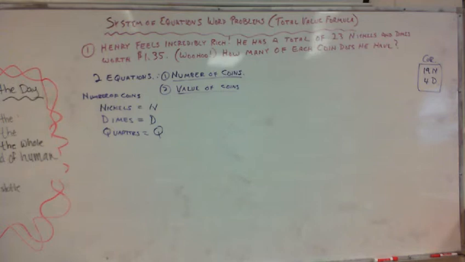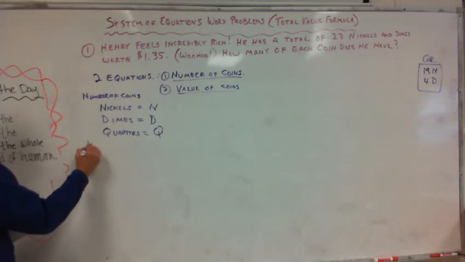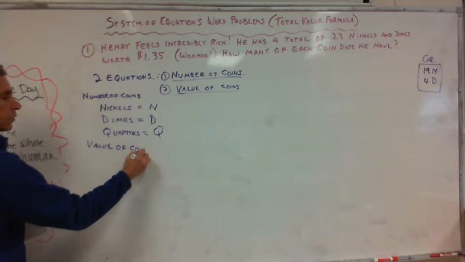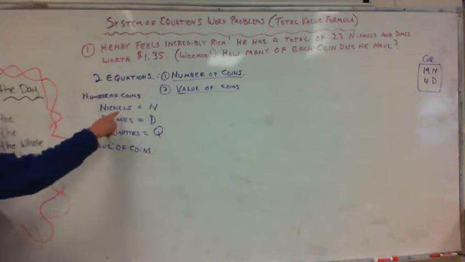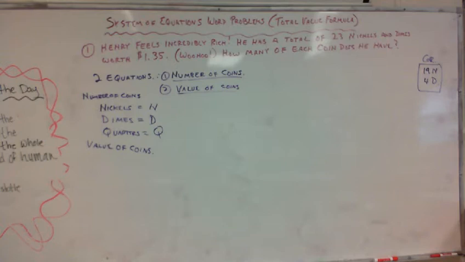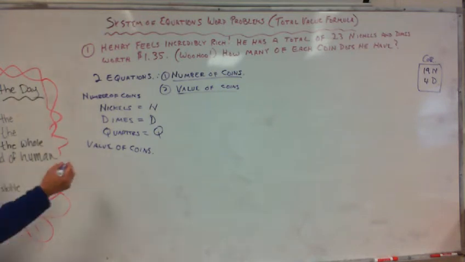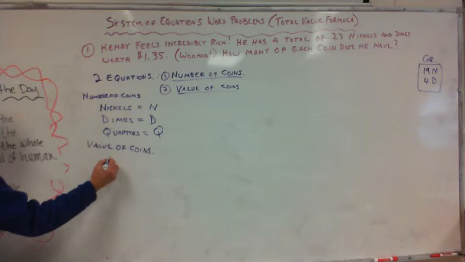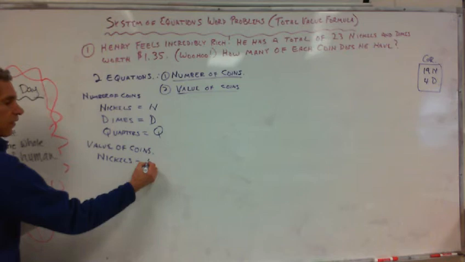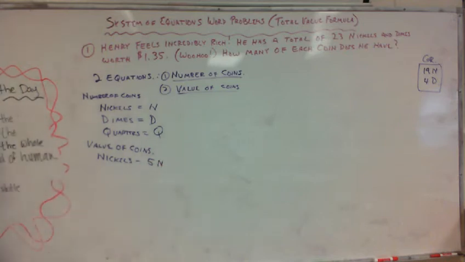All right, now, when we start talking about the value of coins, this is the number of coins, right? What is the value of a nickel? 5 cents. So when I'm talking about nickels, I could say 5N, right?